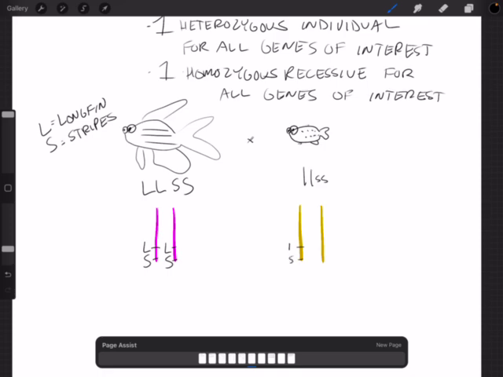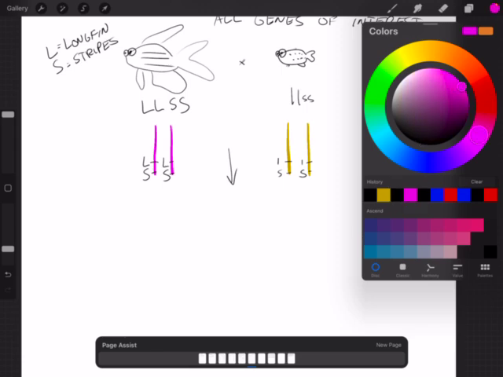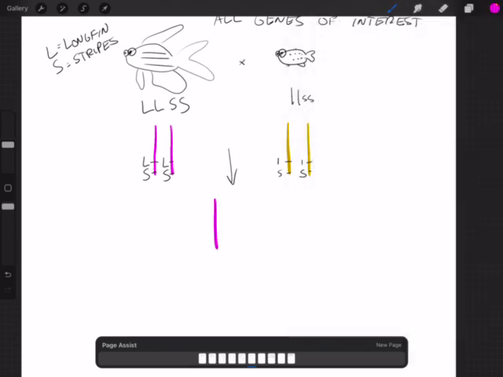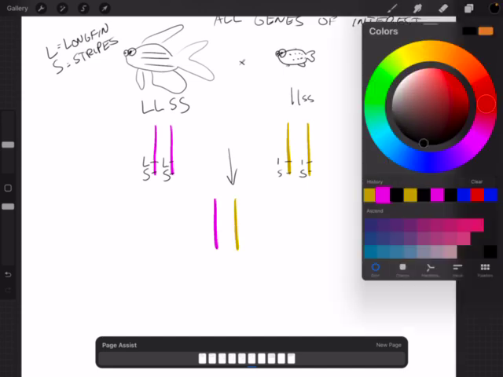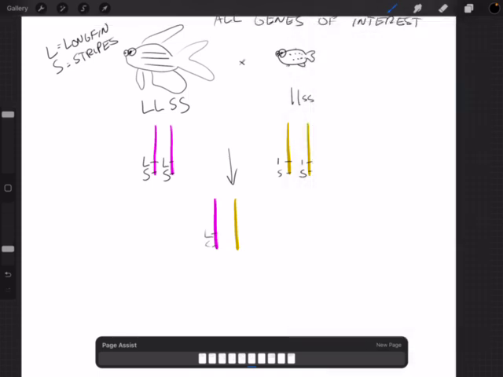Okay, so if we cross these two fish together, we will end up getting one chromosome from this parent and one chromosome from this parent, right? So you'll have one purple chromosome and you will have one yellow chromosome, and they'll be present in the same individual fish, and they will be heterozygous. So this individual will have the dominant S allele and the dominant L allele and the recessive s and the recessive l, their genotype being something like this. Okay, so now they are heterozygous. This one individual has both types of chromosome.